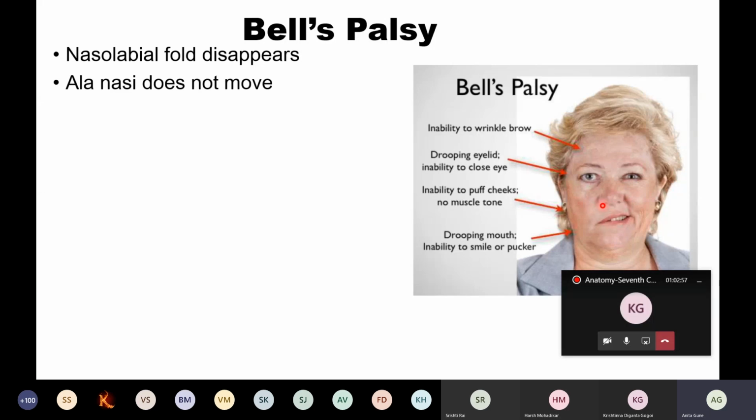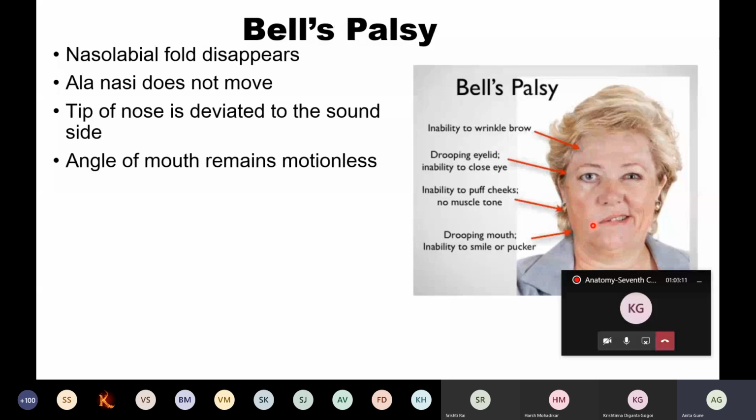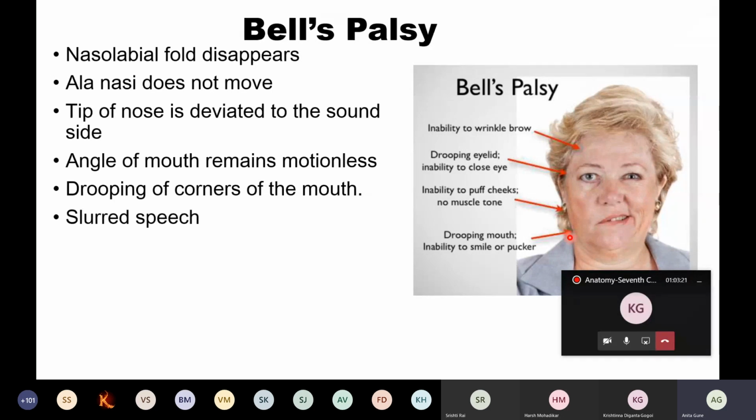When you are breathing quietly, the nasal alae keep moving, but they will not move on the affected ipsilateral side. The tip of the nose will be deviated to the sound side. The angle of the mouth will be motionless. The corners of the mouth will be drooping downwards towards the affected side.